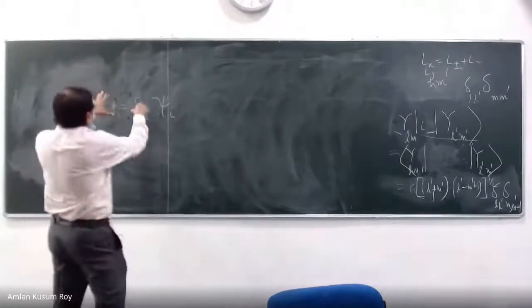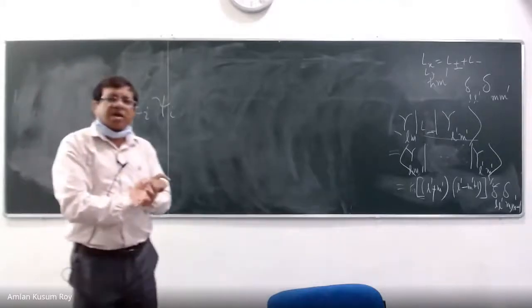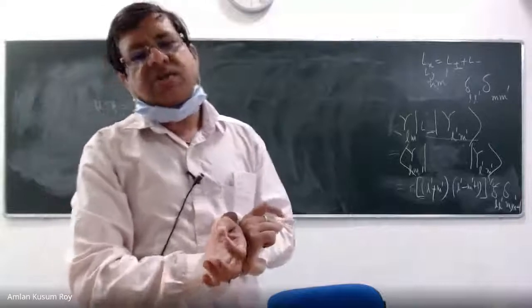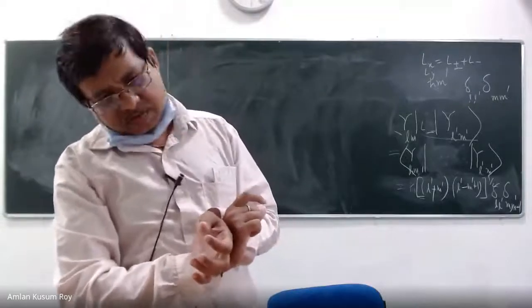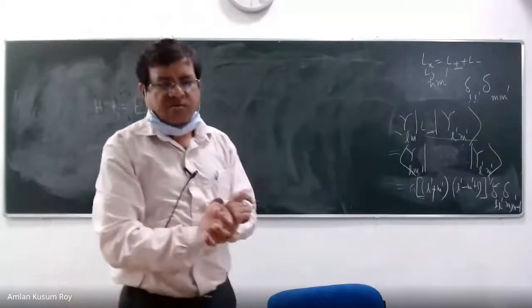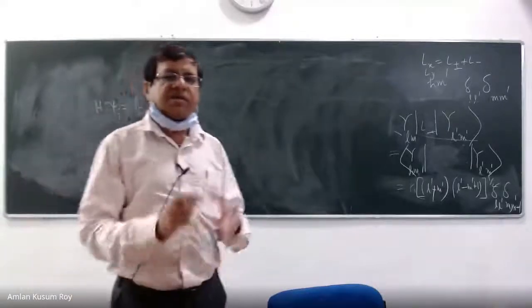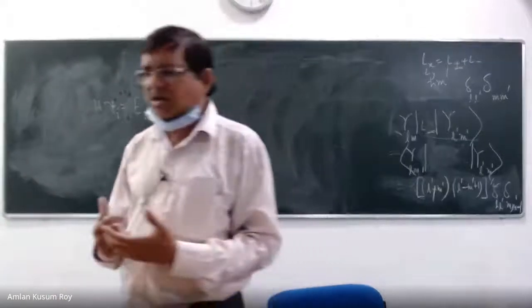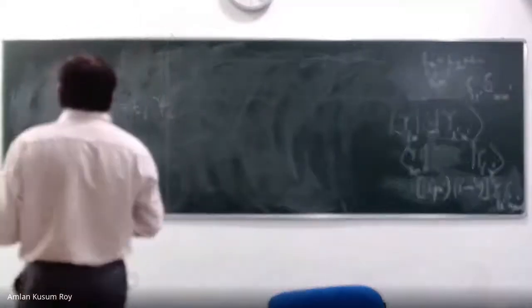So you understood that solving an eigenvalue problem is basically to find a basis in which that matrix becomes diagonal. That is why all of your books will write so many things about how to diagonalize. That is a very important concept.